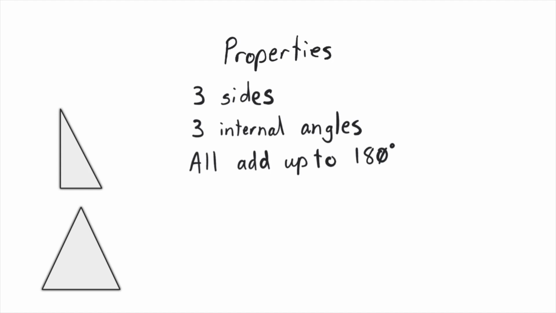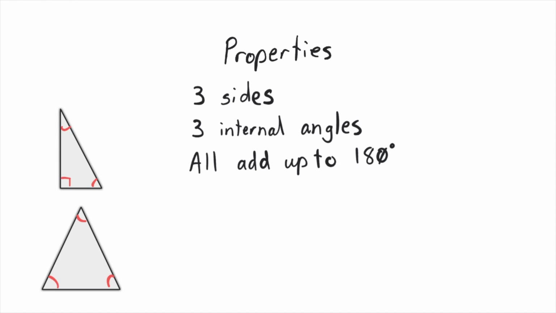All of those internal angles, when you add them together, so you've got this one, and this one, add them together, 180 degrees. This one, and this one, again, 180 degrees. They are the most important properties that we need to understand about triangles. So pause the video, write those down, keep them somewhere really handy because they are going to be useful later on.